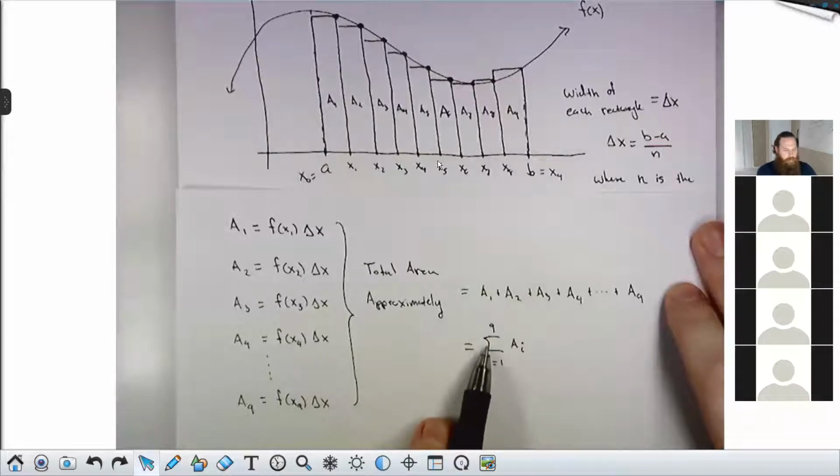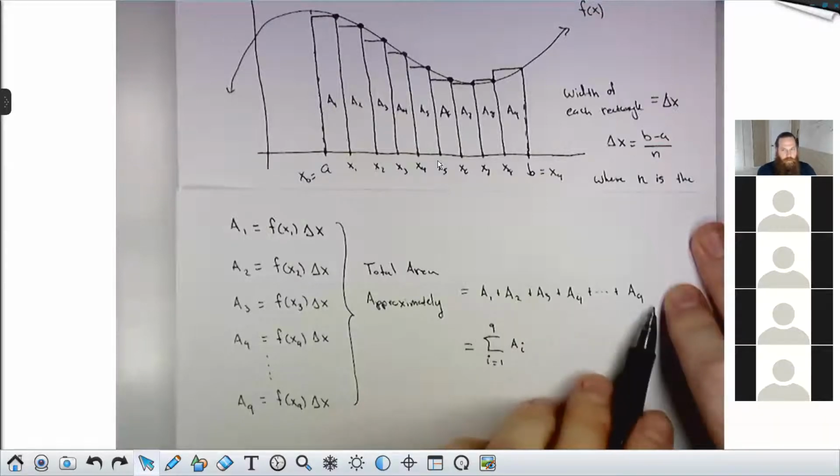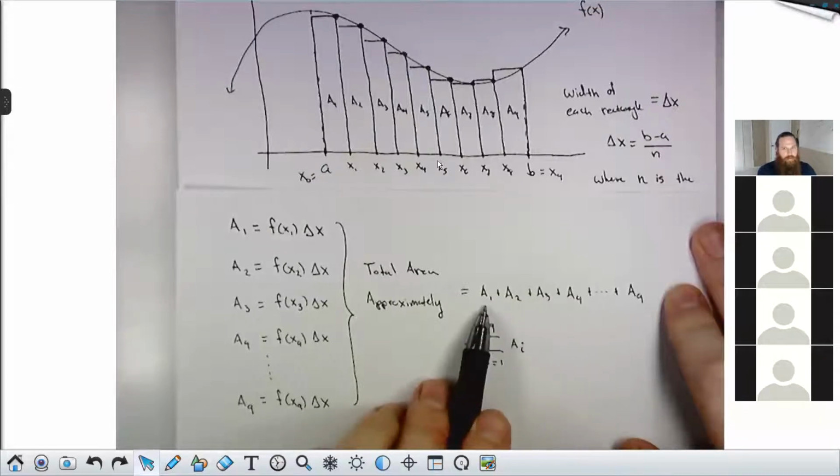The capital sigma says take whatever's over here and add it up as the variable i goes from 1 to 9. So that would mean take A1, add that to A2, add that to A3, add that to A4, until you get to 9. So this is just a more condensed way of writing this big addition problem.